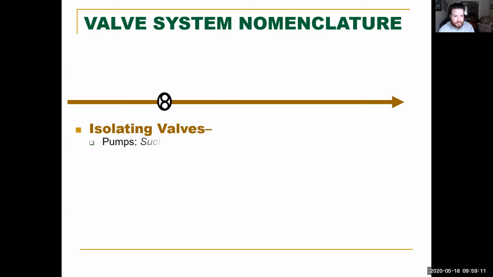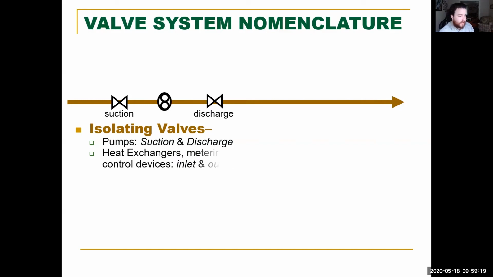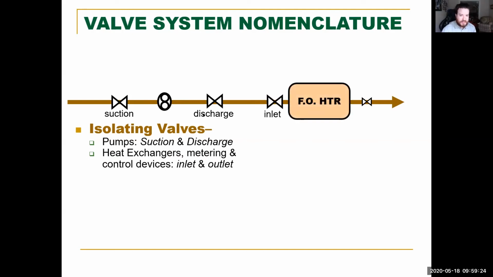All right. So let's just talk about some nomenclature with valves. We have our isolating valves. We have our suction and our discharge, and we have our inlet and outlet. And both of these are isolating valves.